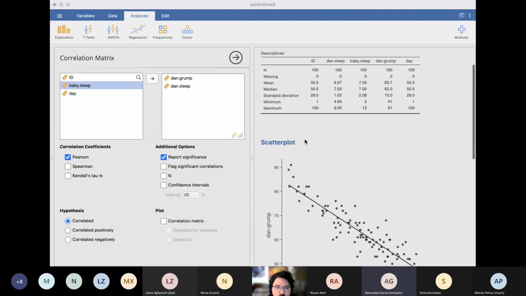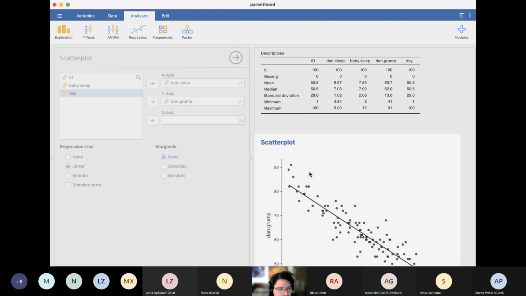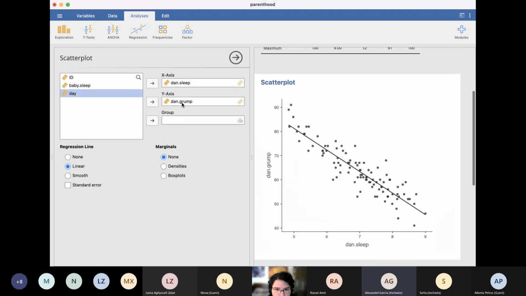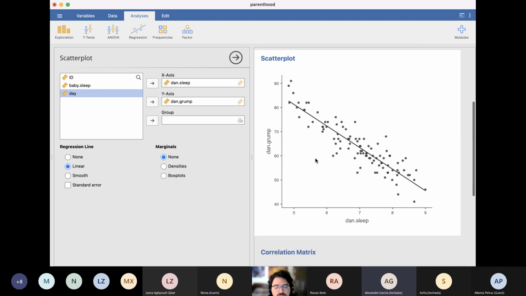Okay. I choose Dan sleep as an independent variable, and Dan grump as dependent variable. Okay. What do we see here? Okay.